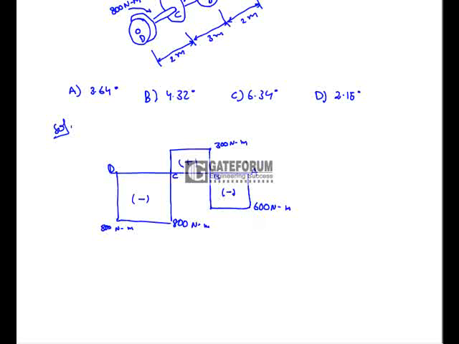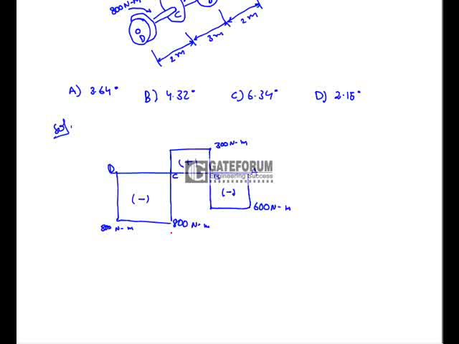So the portion AB is subjected to a twisting moment of 600 Newton meter, the portion BC is subjected to a twisting moment of 300 Newton meter, and portion CD is subjected to a twisting moment of 800 Newton meter.